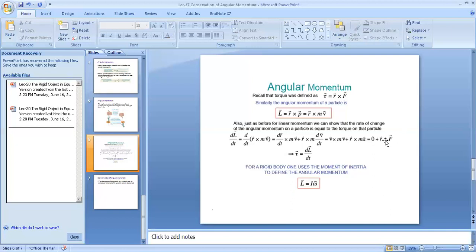So r cross F gives torque, and this torque will be equal to dL over dt, and we say that tau is equal to dL over dt.